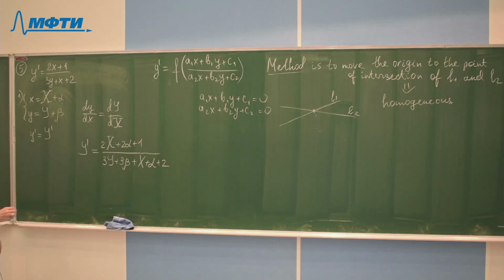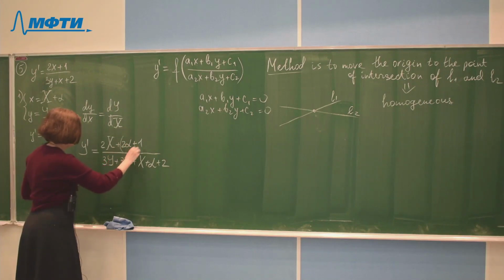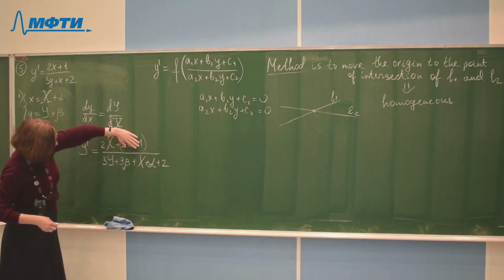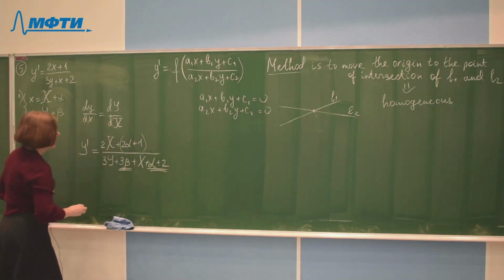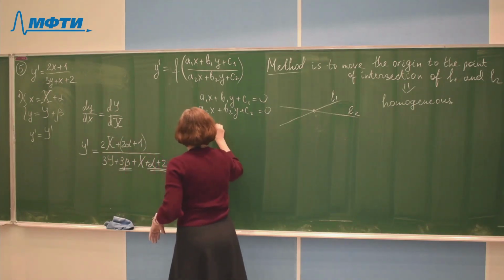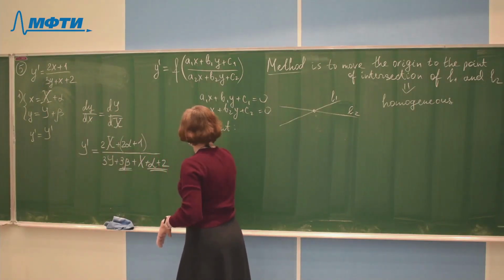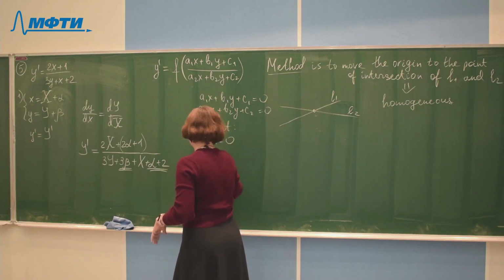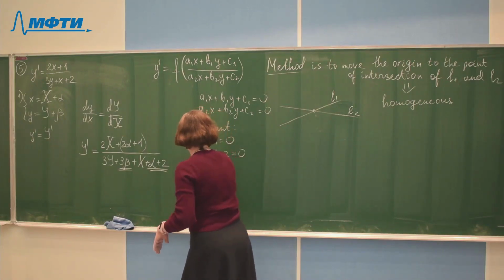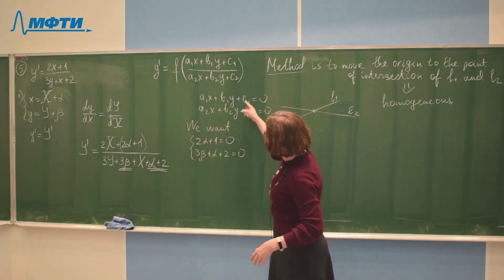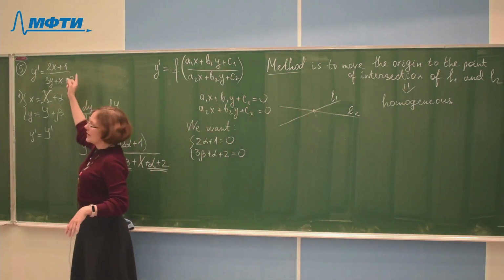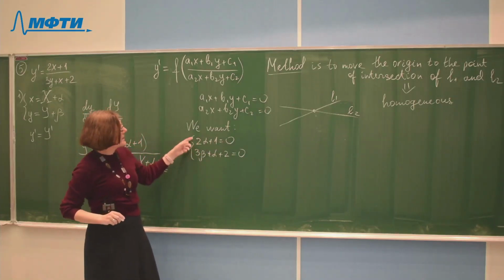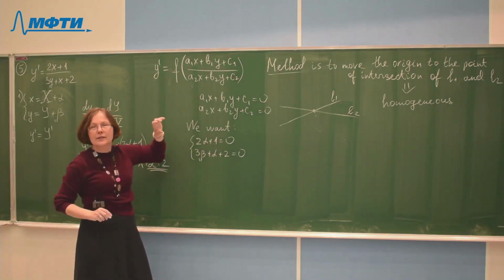Now we want this coefficient to be equal to 0, and also these coefficients. So we want 2 alpha plus 1 equals 0, and 3 beta plus alpha plus 2 also equals 0. This is the same as finding the point of intersection of two straight lines.